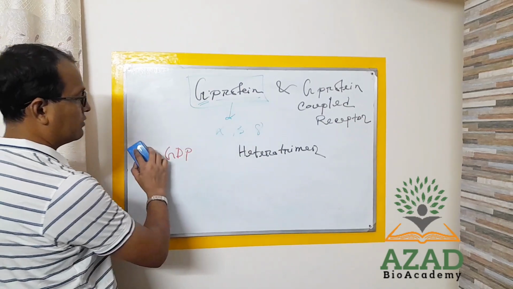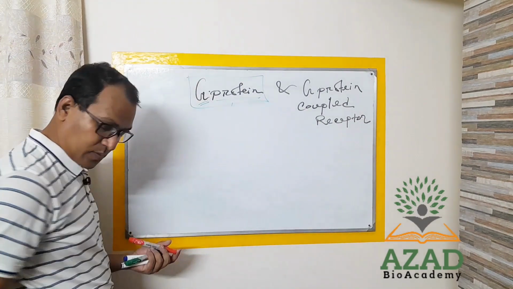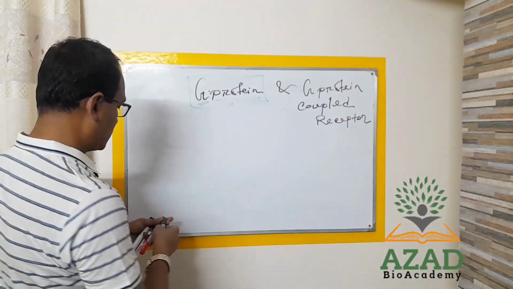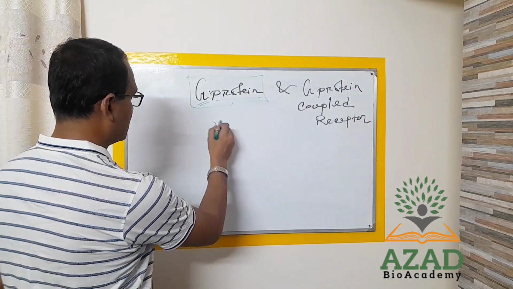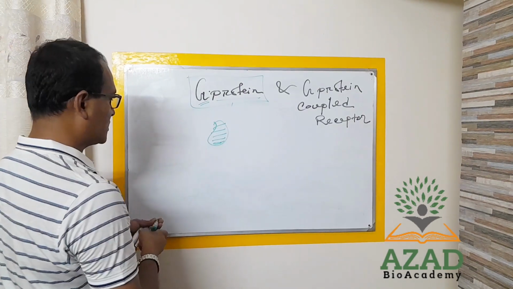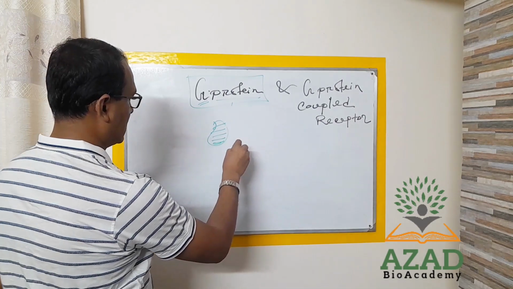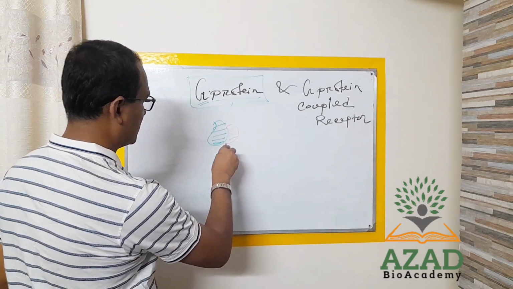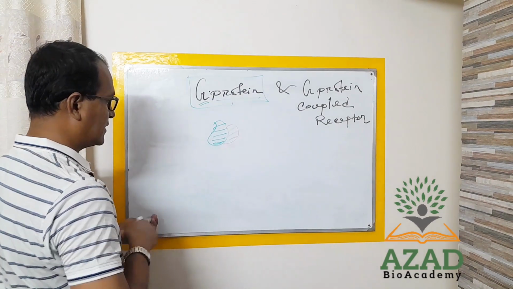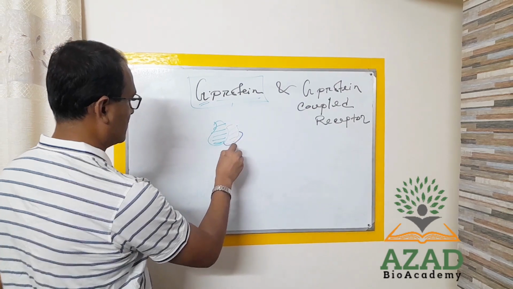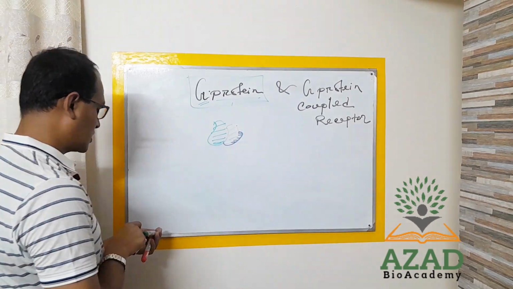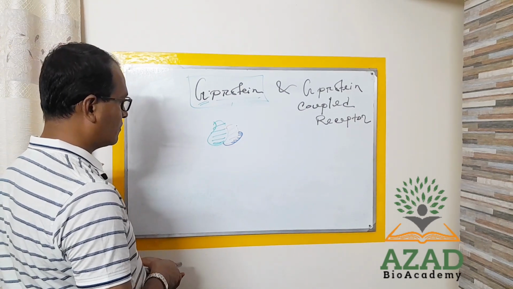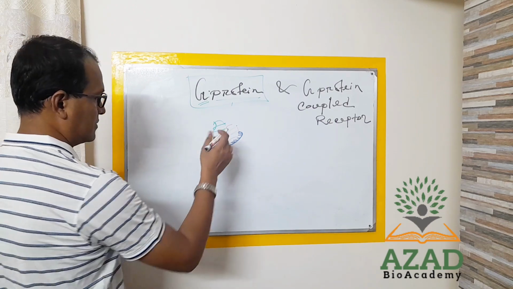I will try to draw a G protein in different colors, then it will be very easy to make sense of. Suppose this is one protein subunit, this one is another protein subunit, another protein subunit, and here is another protein subunit. Three protein subunits are attached to each other and form a trimer.